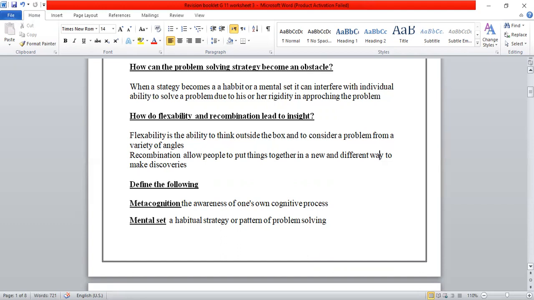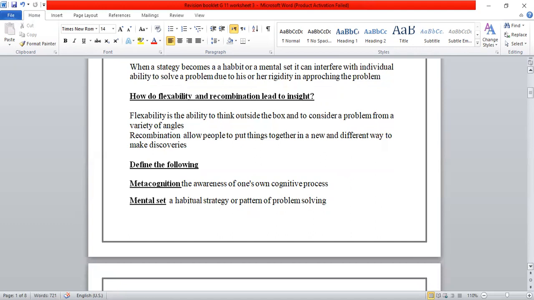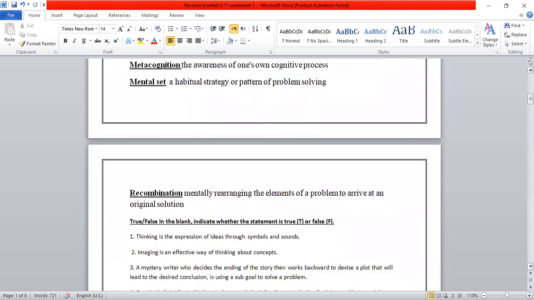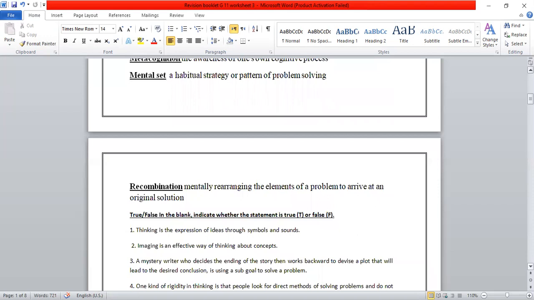You have a problem, you follow certain procedures. This is a mental set because it comes out of habit, not out of creative thinking. What about recombination? Recombination is mentally rearranging the elements of a problem to arrive at an original solution. You are rearranging the aspects of a problem in order to find a solution for it.